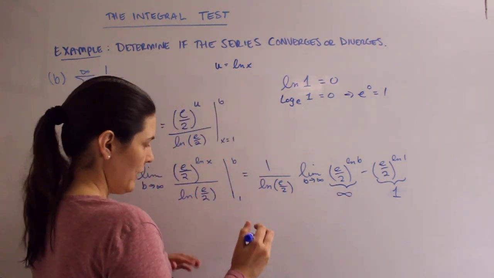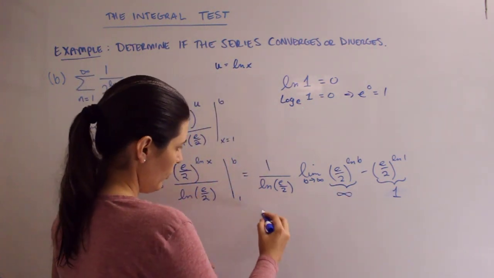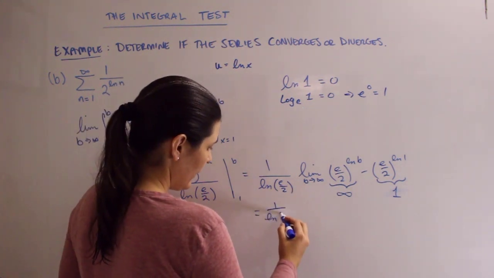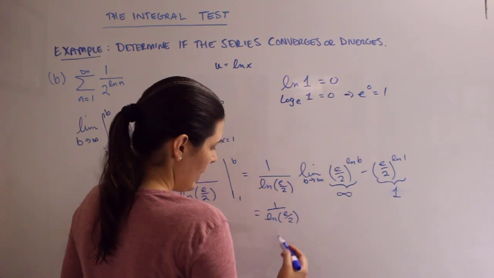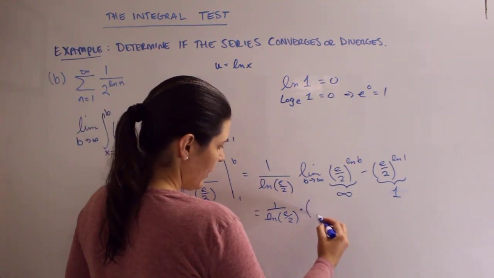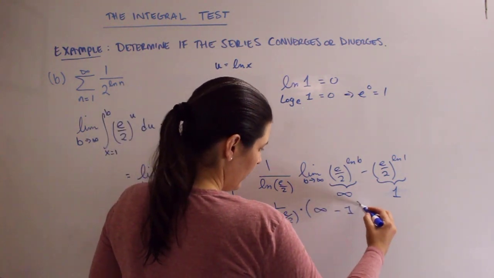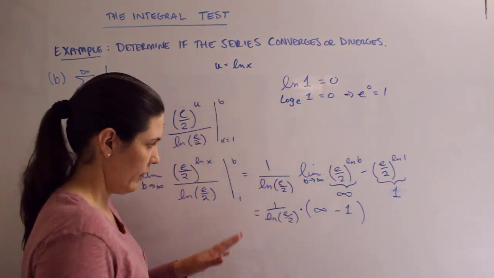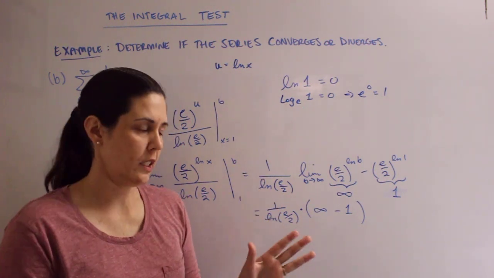Okay, so look what's happening here. And I know this is not technically proper notation, but it's going to get the idea across. Okay, I have this number times infinity minus 1. And the improper part is that infinity is not really a number, so officially I can't compute this.